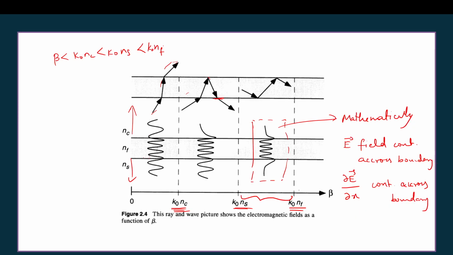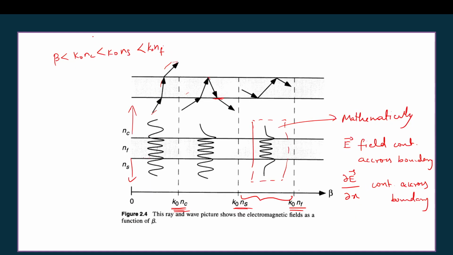First we have to write down the solutions in each region. For x greater than 0, where this is my x equal to 0 plane, I will have an exponentially decaying solution, given here.